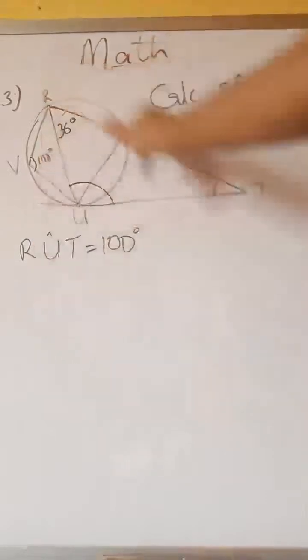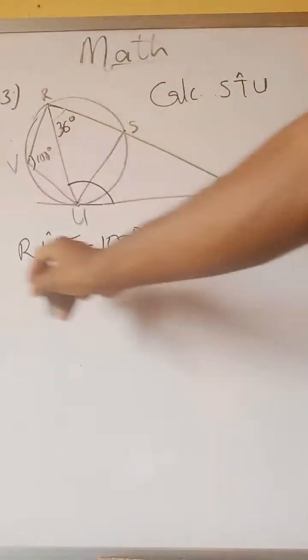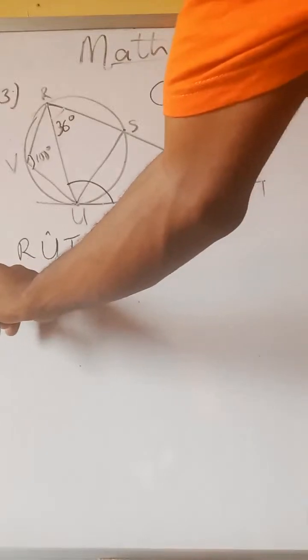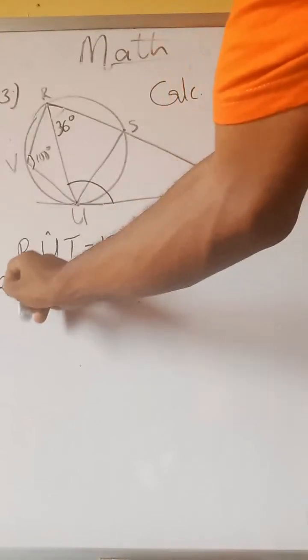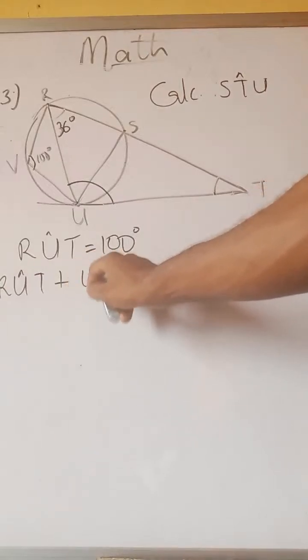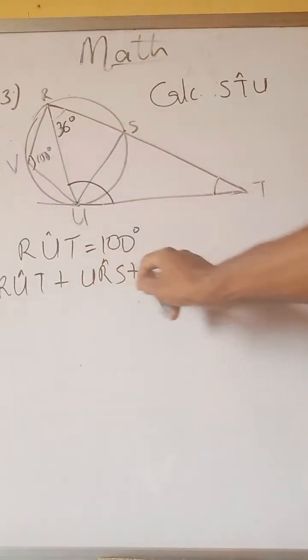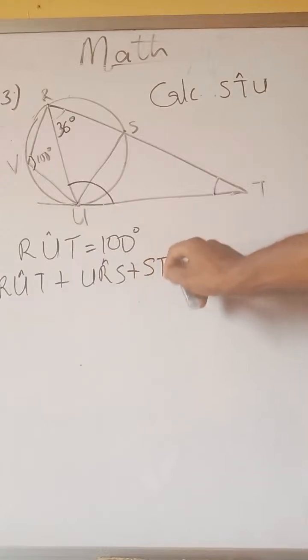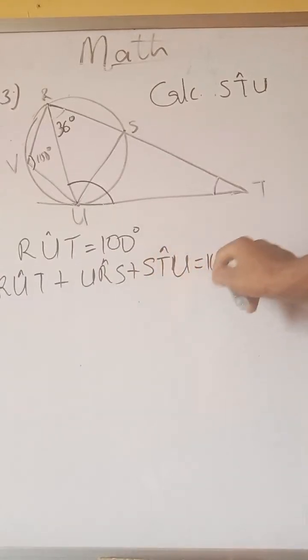Now observe the shape there. You have a triangle, and so it means angle RUT plus angle URS plus angle STU is 180 degrees.